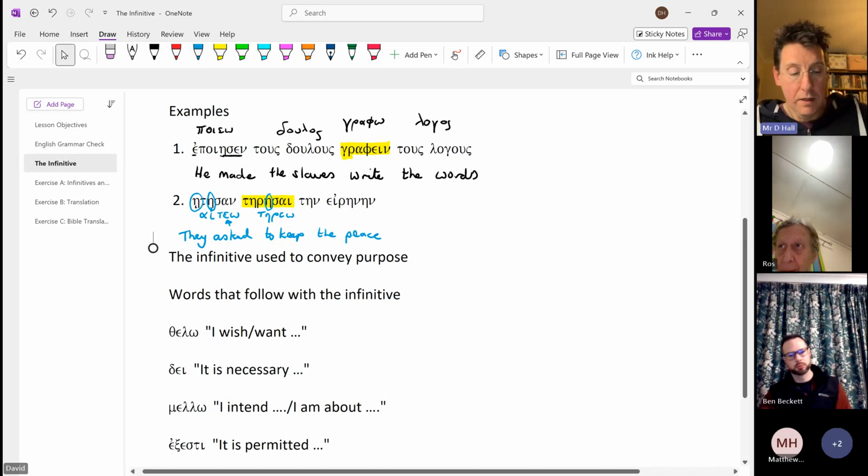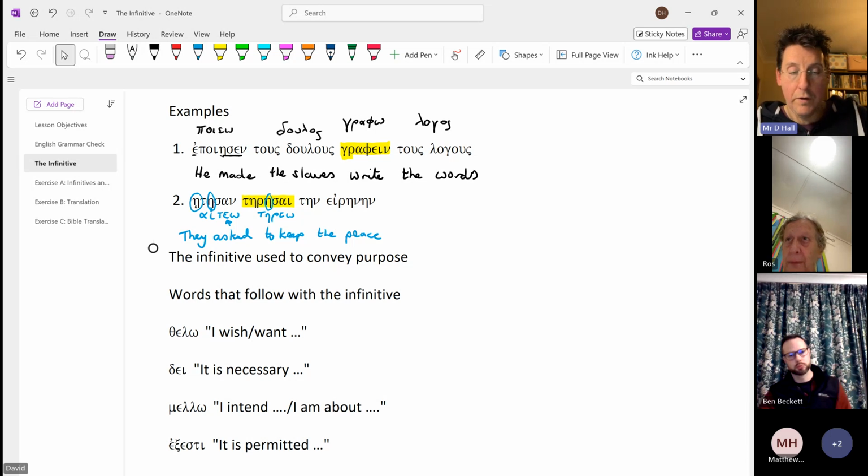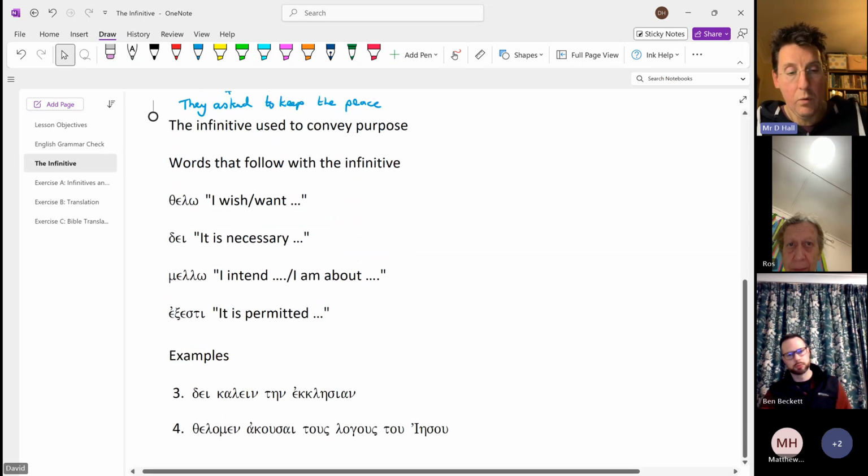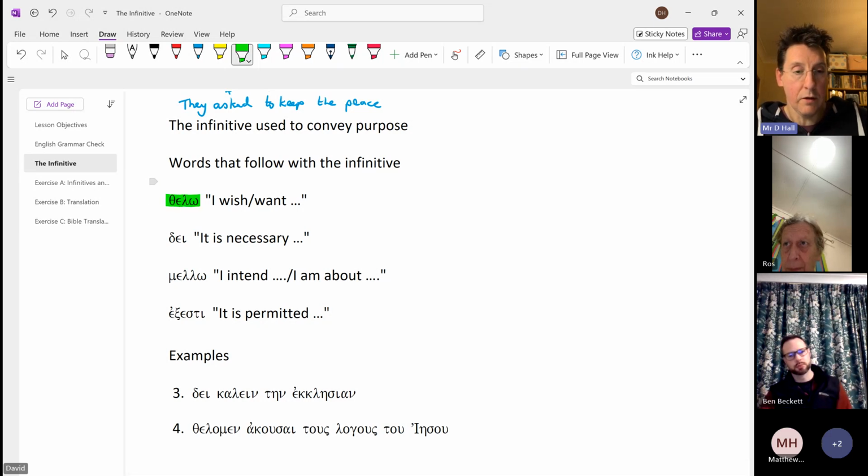So that's some examples of how we might find the infinitive and how we then might translate it. We did mention that it has to convey purpose as well, and so there are 4 words here which we need to learn. This is its own verb, thelo, which can be used for I wish, you wish, he, she, it wishes, we wish, you wish, they wish, or want.